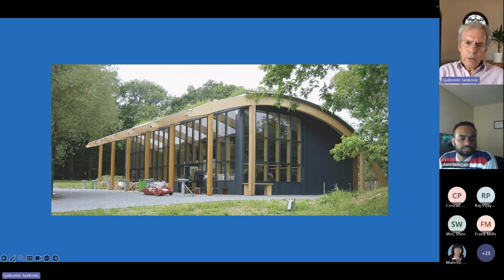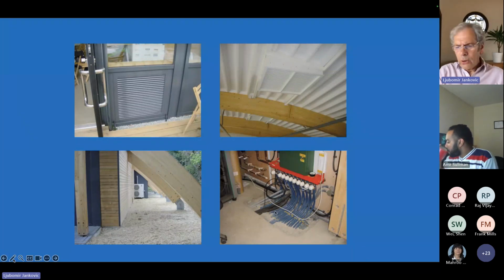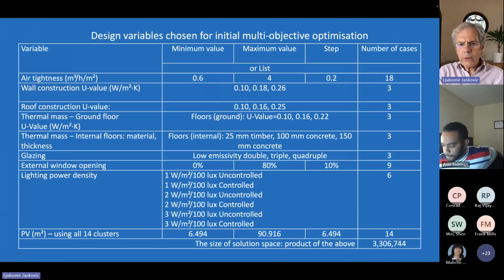I will show this on an example of an office building near Portsmouth, which has natural ventilation and a high amount of south-facing glazing. Natural ventilation openings are shown in the base and the top here, and it has an air to water source heat pump, where the water is distributed through an underfloor heating system.